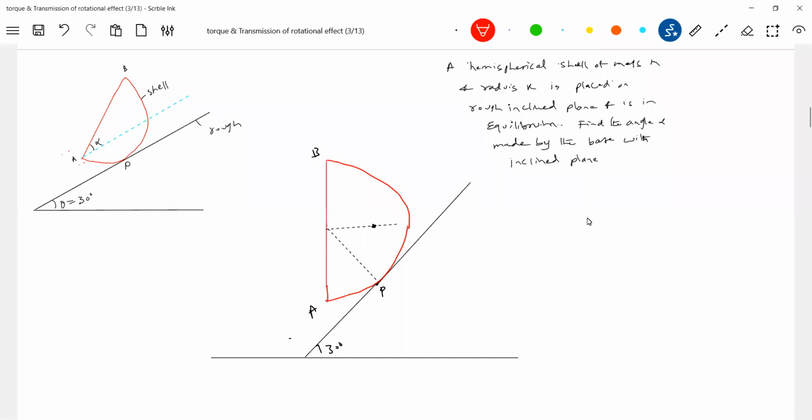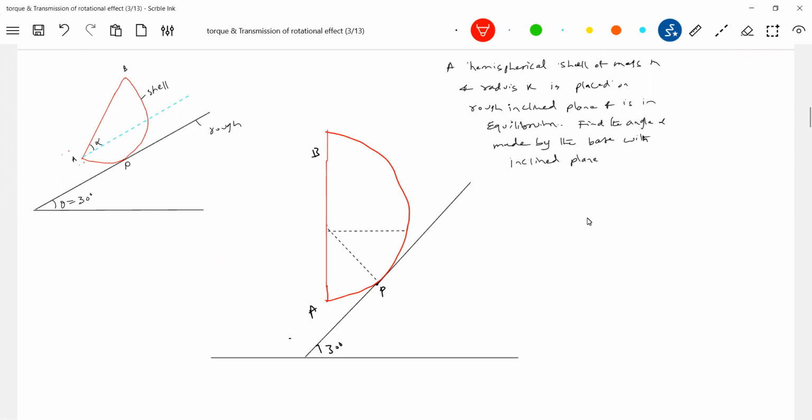It does not look like a hemisphere. I'm drawing some. It's a hemisphere only, it may not appear so, but it's a hemisphere only. Yeah, fine.